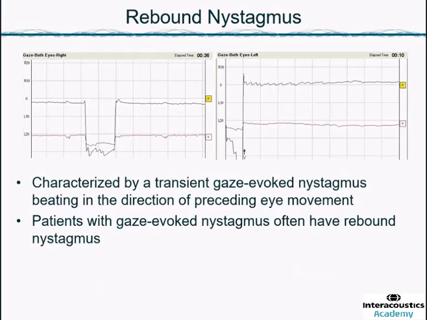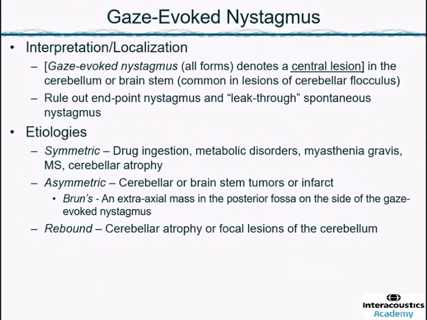So this time you'll see right-beating nystagmus, then it goes away after about 20 seconds or so. Anytime the patient changes gaze position, you see a transient type nystagmus that beats in that same direction of movement for about 20-30 seconds. Patients who have gaze-evoked nystagmus may have this in conjunction with their gaze nystagmus, and the significance of it is the same as the gaze nystagmus.